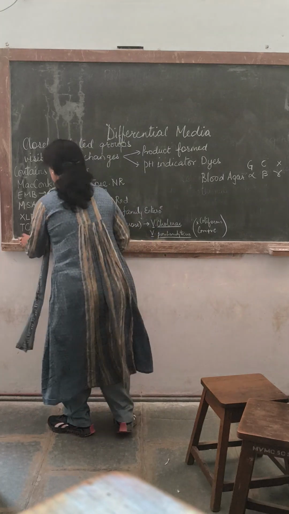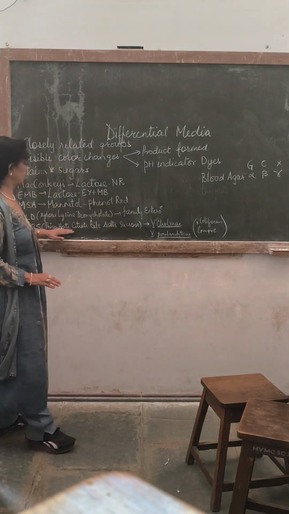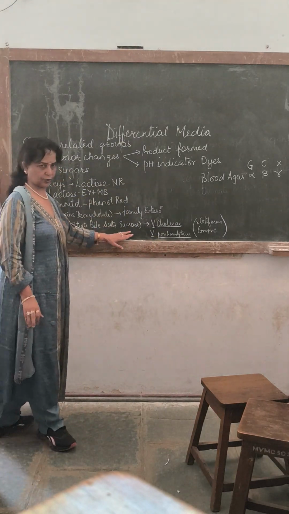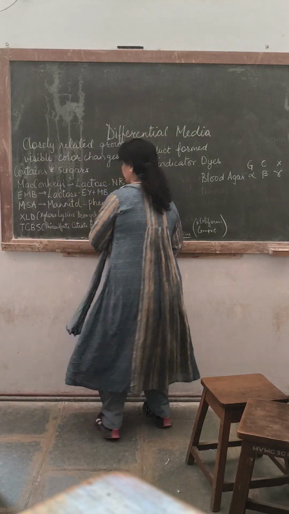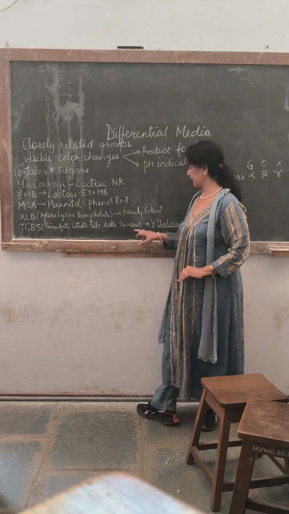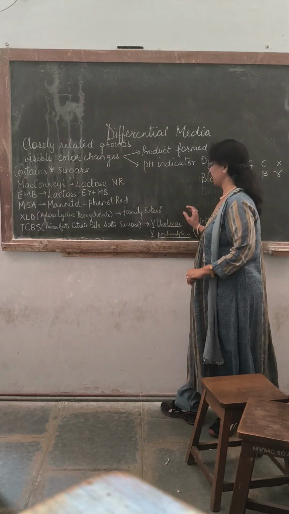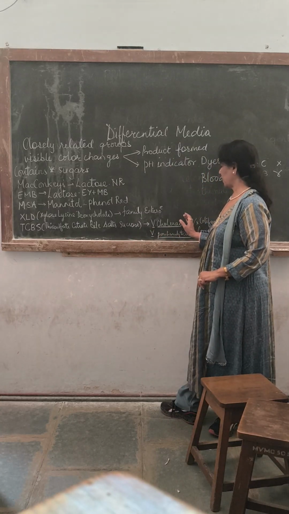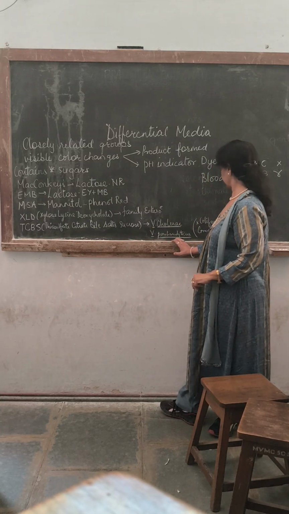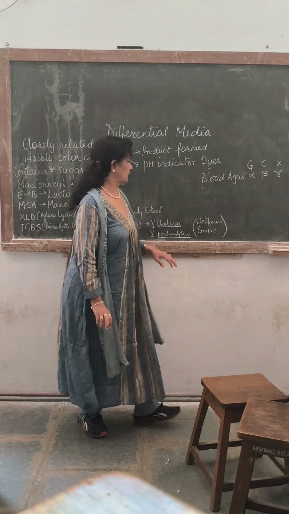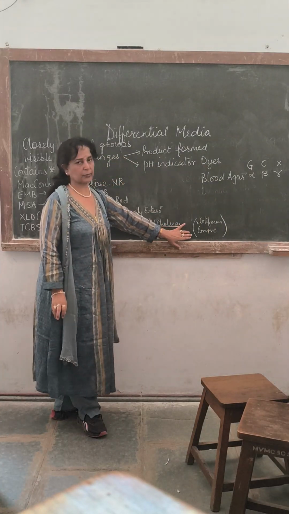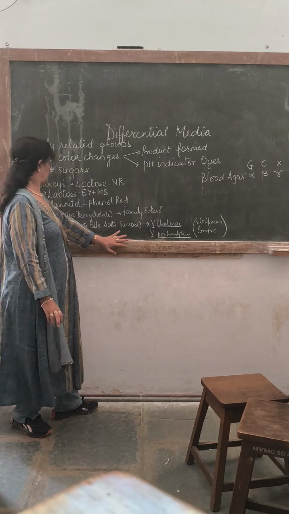The next is TCBS, that is thiosulfate citrate bile salt sucrose. This particular media contains sucrose as a carbohydrate, and it can give differentiation between Vibrio cholerae and Vibrio parahaemolyticus, and it will not allow the growth of coliforms and gram-positive organisms because of the composition ingredients.